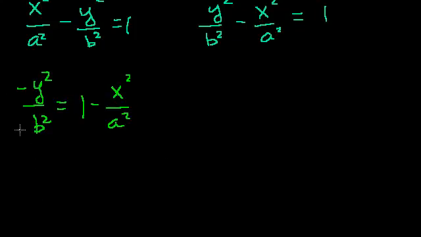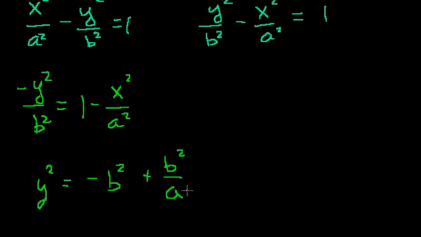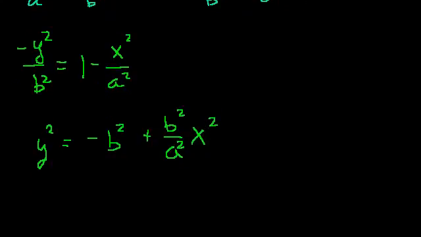If you multiply the left-hand side times minus b squared, the minus and the b squared go away, and you're just left with y squared is equal to minus b squared. And then minus b squared times a minus x squared over a squared, that becomes a plus b squared over a squared x squared. We're almost there.